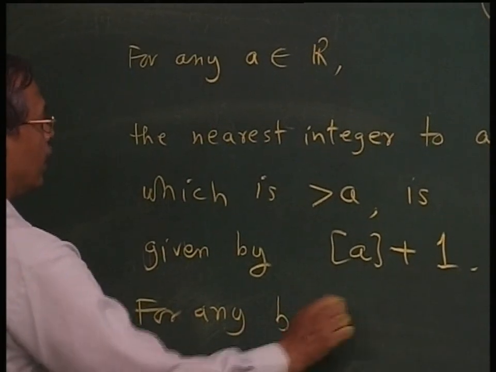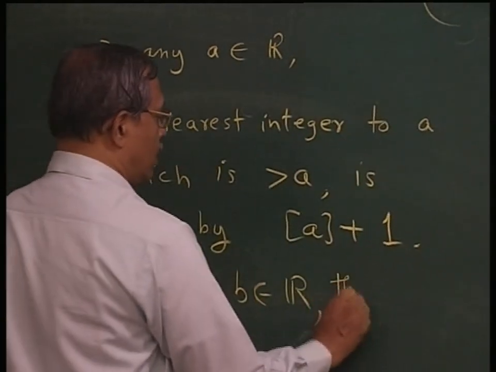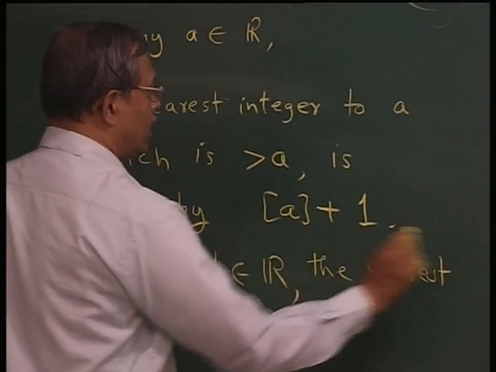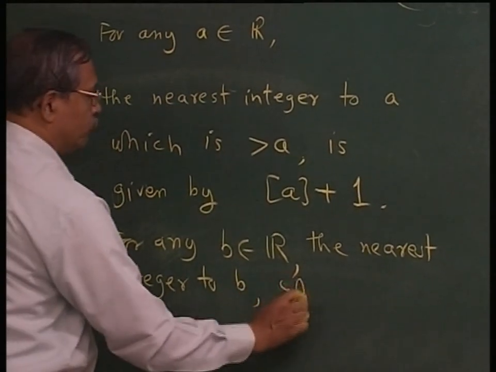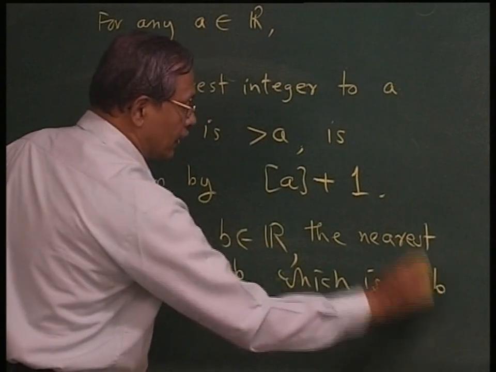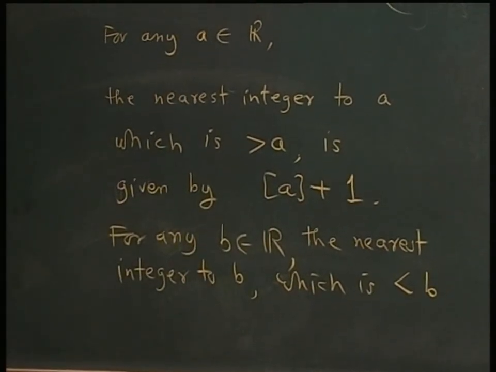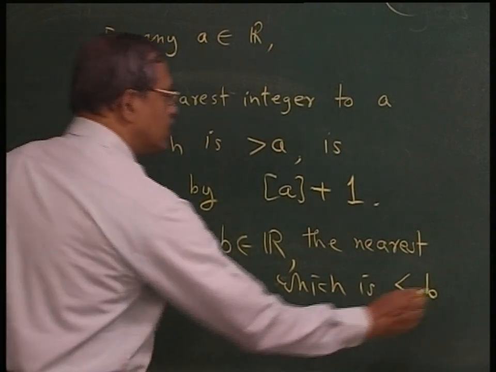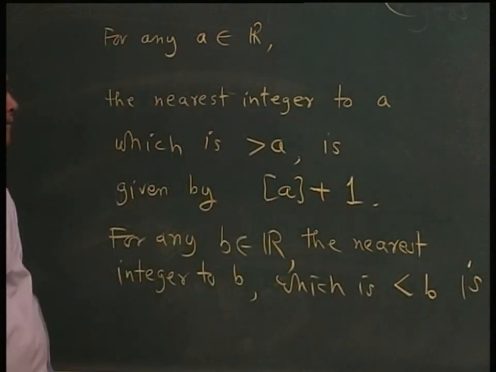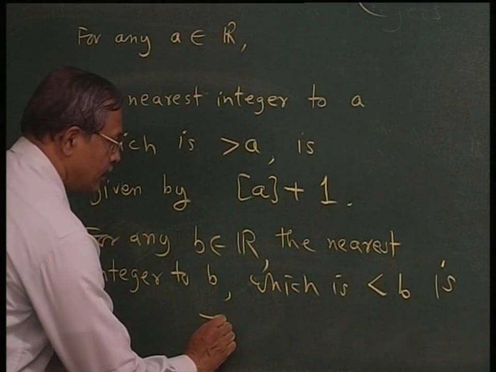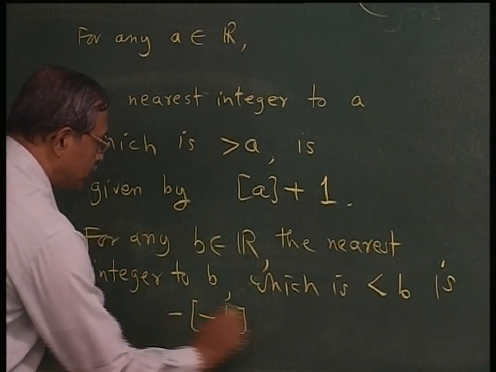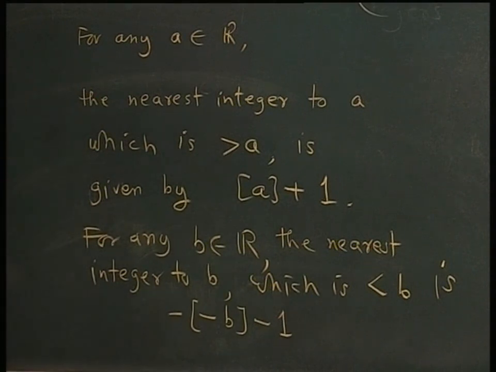So for any b in R, the nearest integer to b which is less than b, that is, even if b is an integer, we don't take it, we take the smaller one, is minus the integral part of minus b, minus 1.